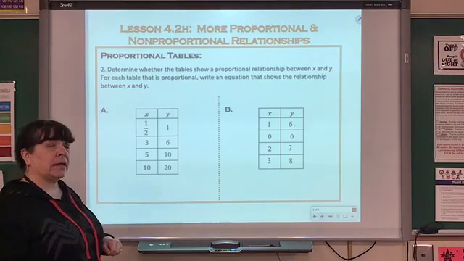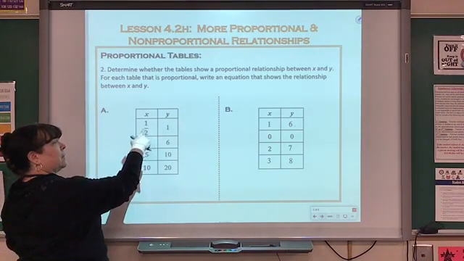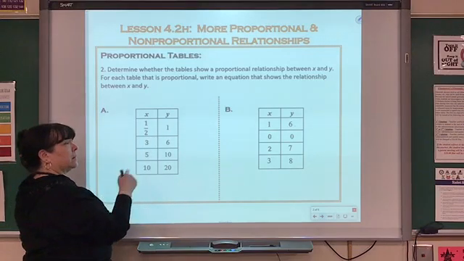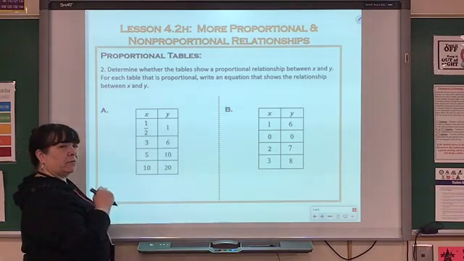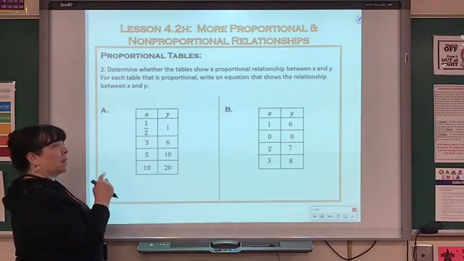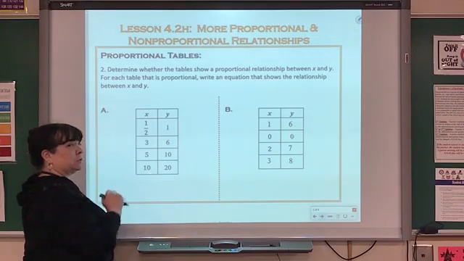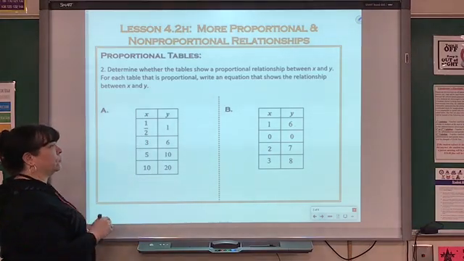In this one, if I look at all of these values, well, if I multiply 1/2 by 2, I'm going to get 1. Well, if I multiply by 2 here, I need to be able to multiply by 2 all the way through.